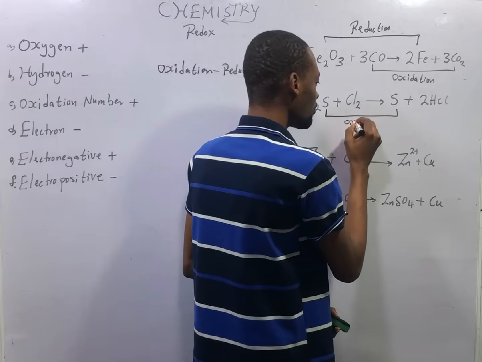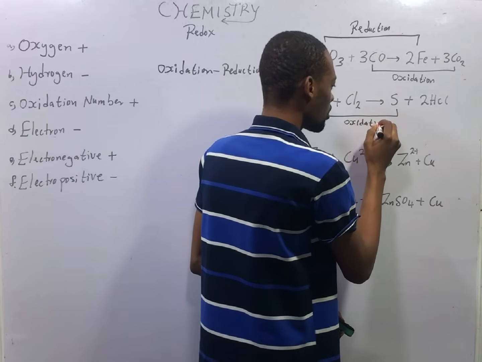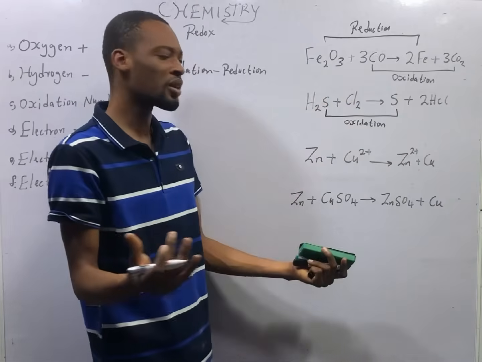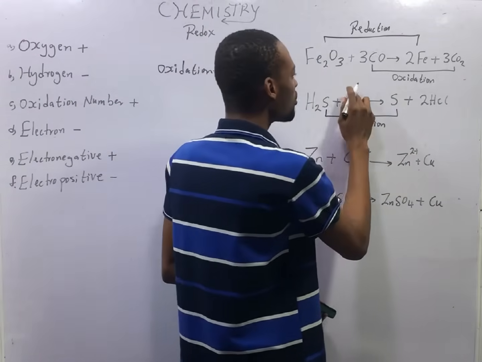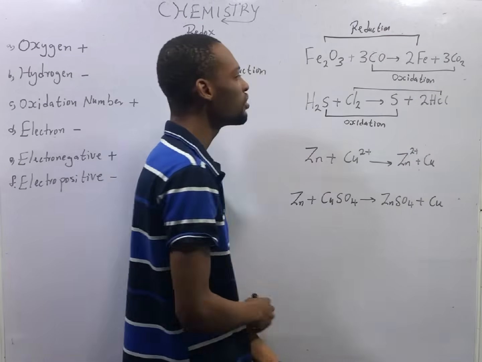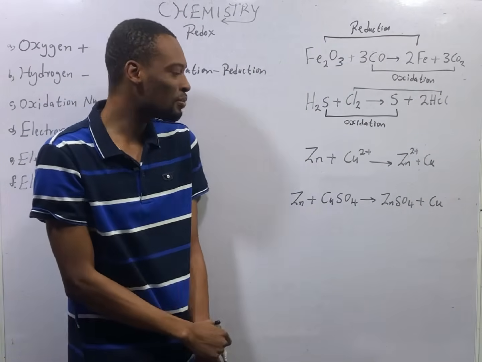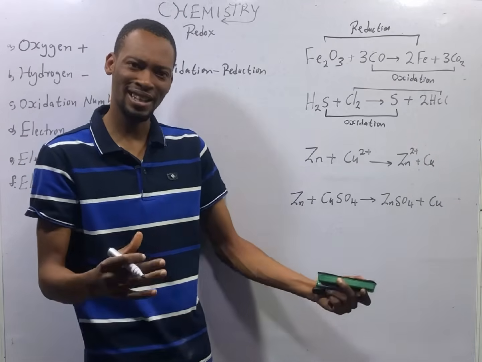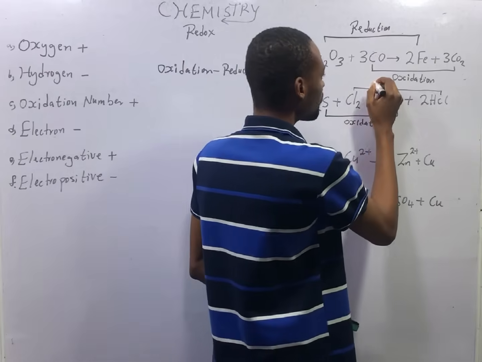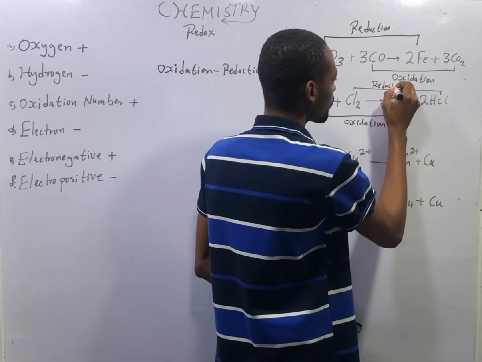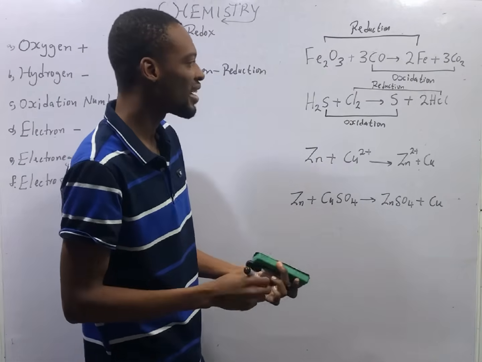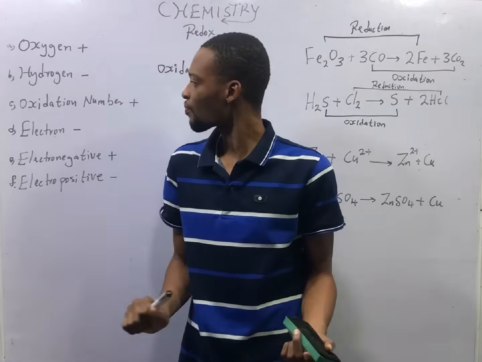Oxidation. Now look at chlorine. From just a chlorine molecule, it has become hydrogen chloride. Look at it, HCl. What has happened? Hydrogen has been added to chlorine. And what is the addition of hydrogen? Reduction. So once again, you see that oxidation and reduction are taking place simultaneously.